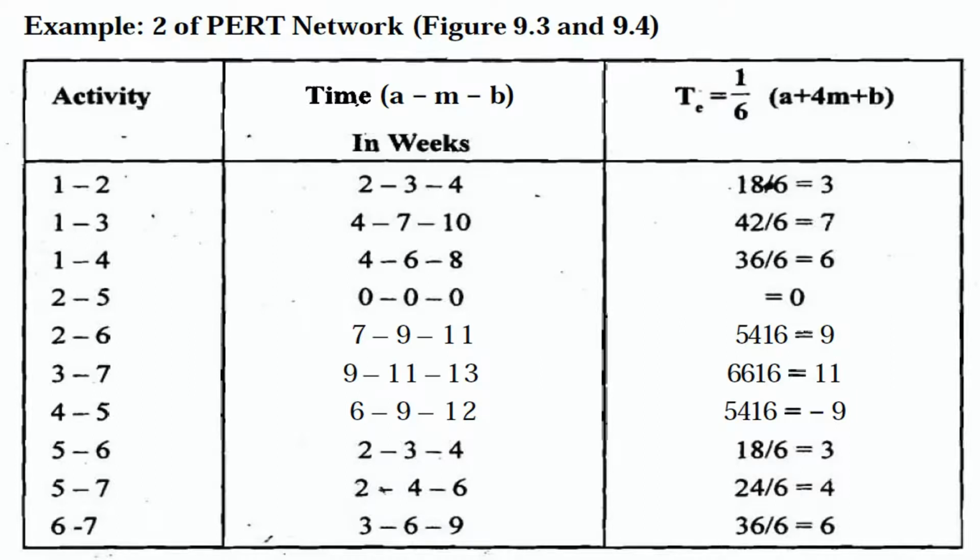The minimum time in weeks happens to be 3 weeks for activity 1 to 2, and that is also the case for the activity from event 5 to event 6. And the maximum time happens to be for the activity from event 3 to event 7, which is taking 11 weeks.